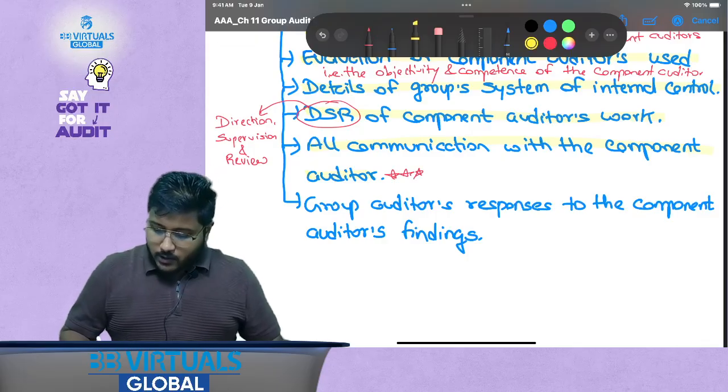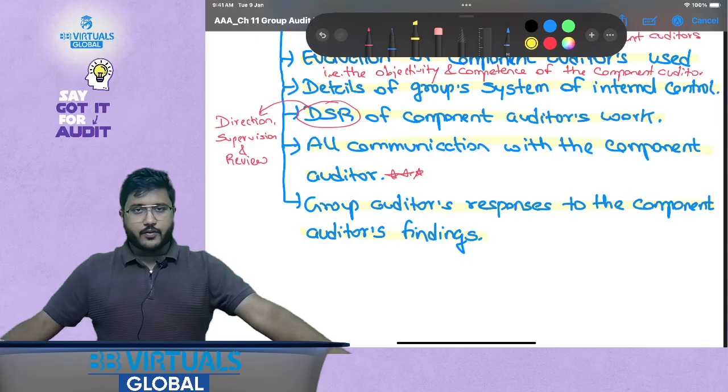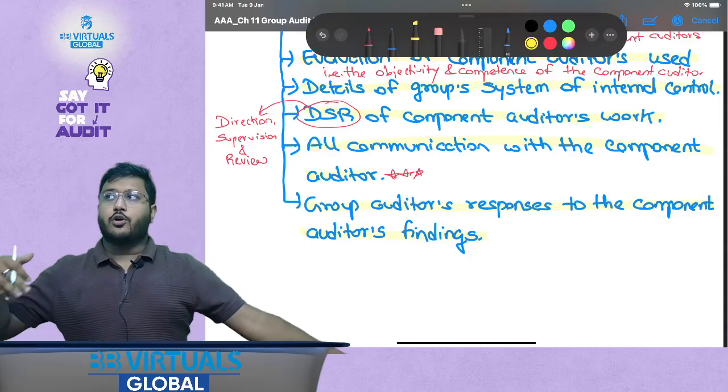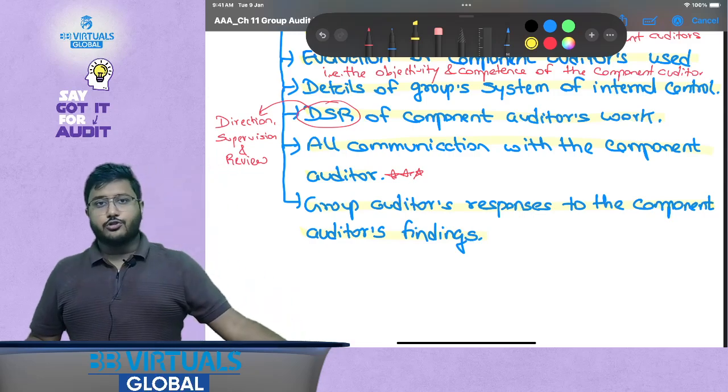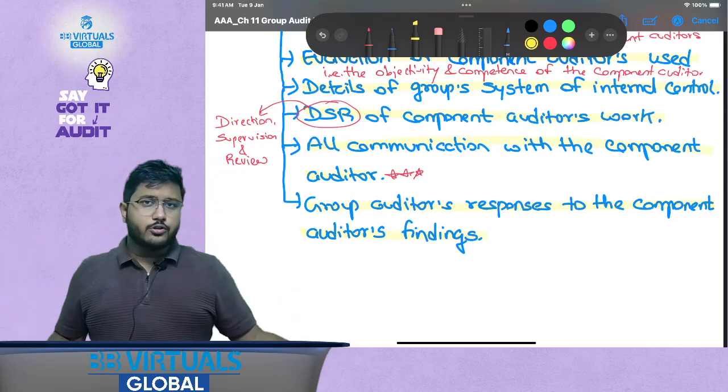Okay, now group auditor's responses to the component auditors' findings. That is, if the component auditor has found certain things which should be made part of the report, or they have made certain things part of their report, then how are the group auditor's responses?